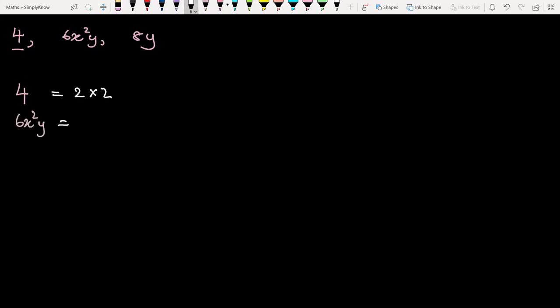Then 6x squared y as a product of its factors should be 2 times 3 times x times x times y. 8y as a product of its factors is 2 times 2 times 2 times y.